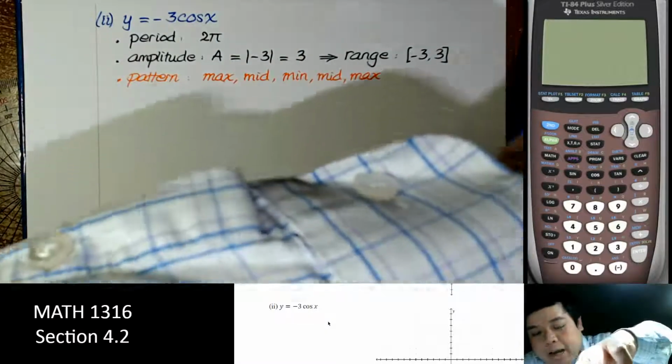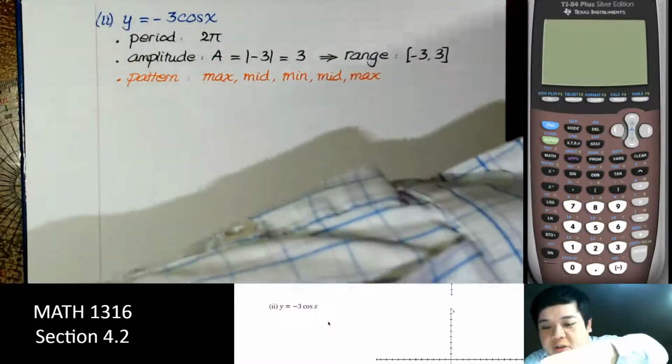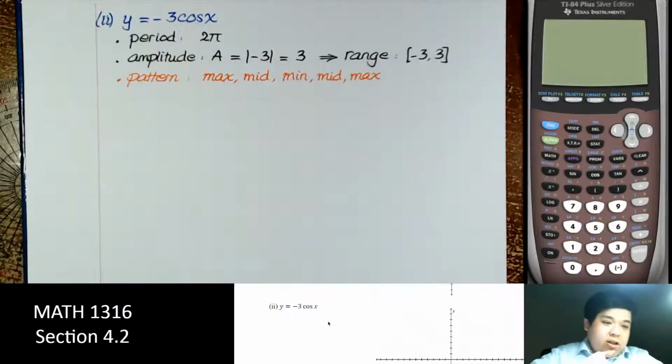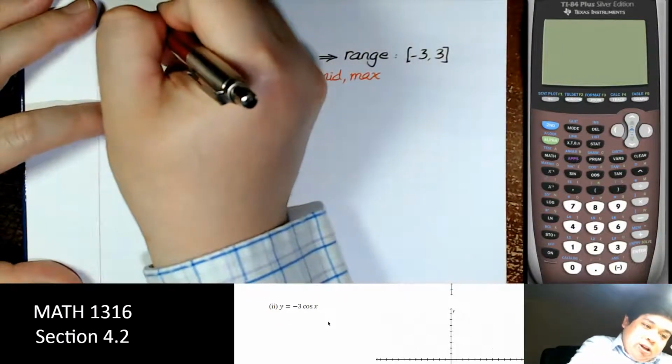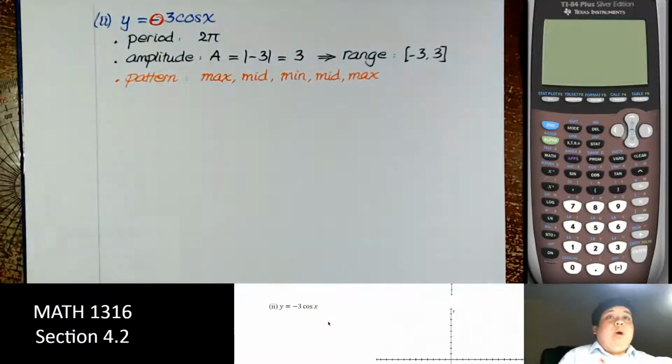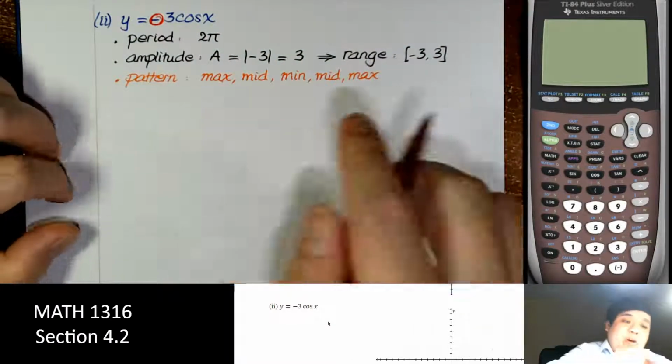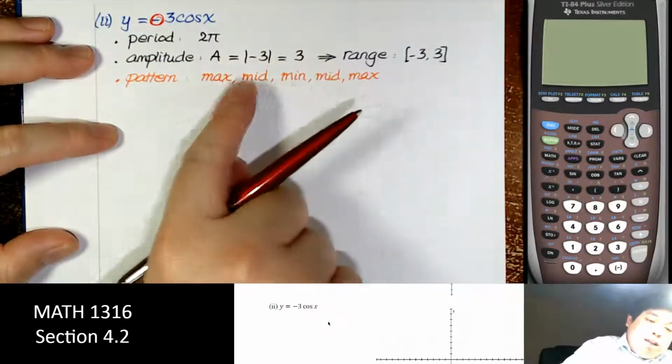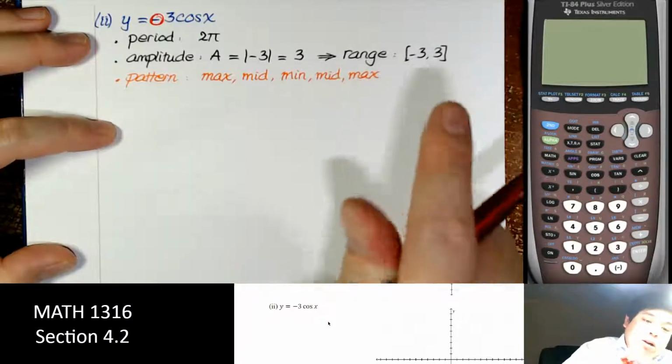That's good. Except on this one we have an extra thing to worry about, which is the negative cosine. So pretty much when we throw in a negative, we have to flip all of this. So the pattern is max, middle, min, middle, and max.